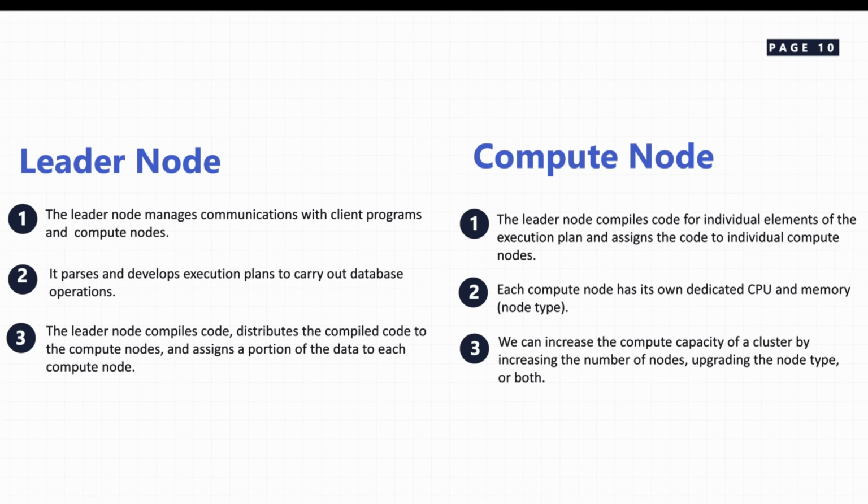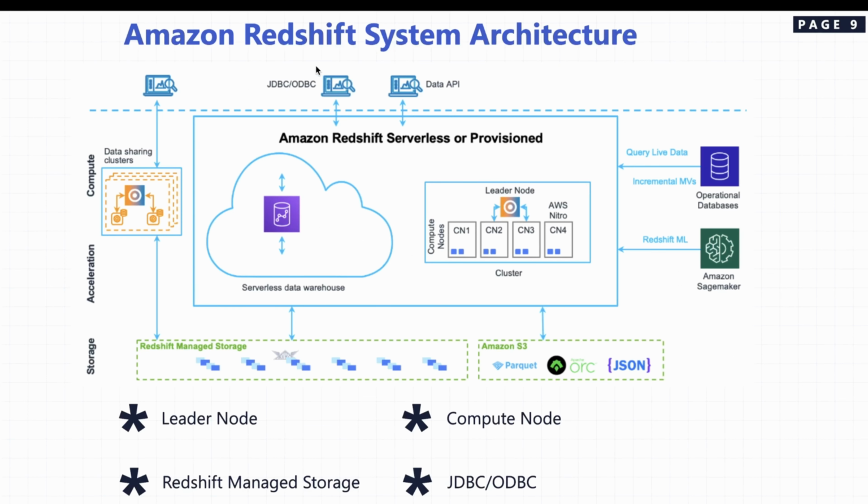Okay, now first let's discuss the leader node and compute node. What is the leader node? The leader node manages communication with the client program and the compute nodes. Suppose you're querying over Redshift: you pass your query and it goes to Redshift via this bridge, which is your JDBC ODBC. You can think of it like a bridge used to communicate with Redshift.